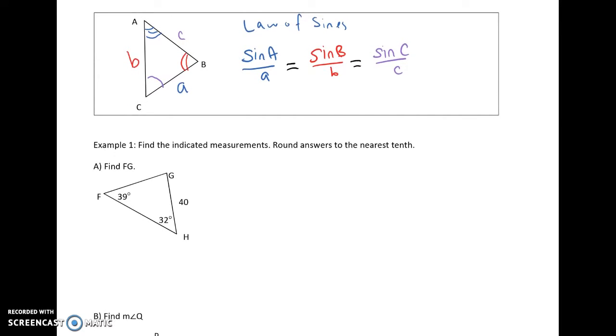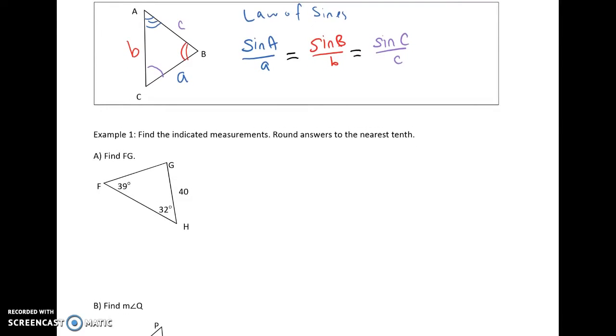All right, so let's look at example 1, and I want to find FG. So I want to find that length. I can take a look at the triangle and say, well, it's not a right triangle, so I can't do SOHCAHTOA, but I can use the law of sines because this FG has an angle 32 with it, so I can do sine 32 over FG, right?